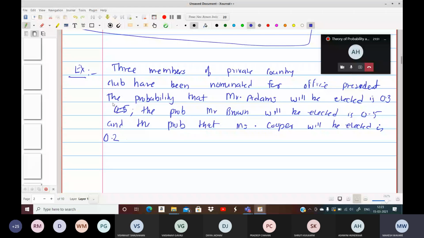Now, the next thing is given: the probability for an increase in membership fees is 0.8.